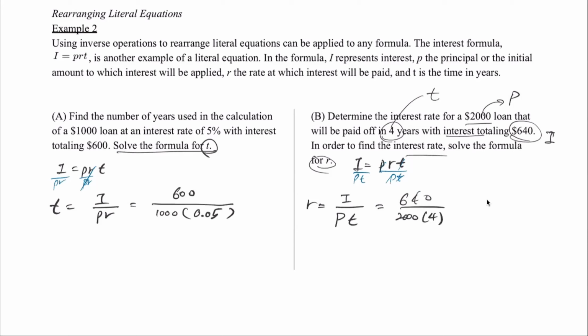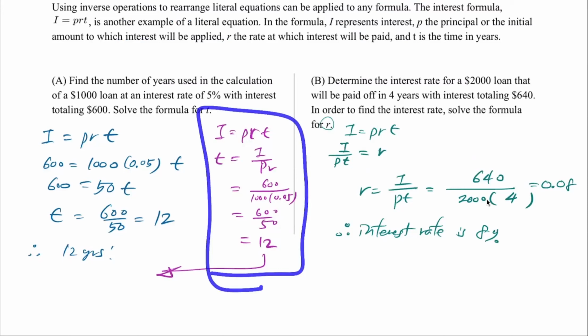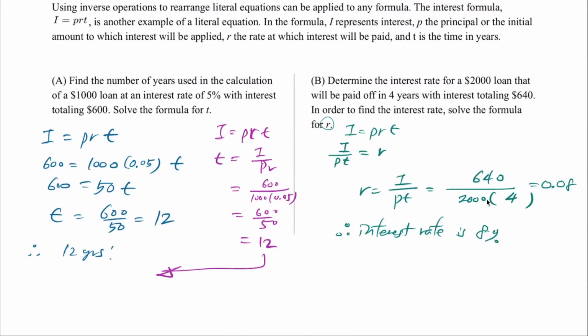Okay, when I did that in class, this is what we got. So we got 12 years over here. So this is what I should have done in class. But during the class, I guess I forgot to read this part. So I just went with I equal to PRT, plug in the value, then solve for T. The only reason that would not be acceptable is simply because of this direction.